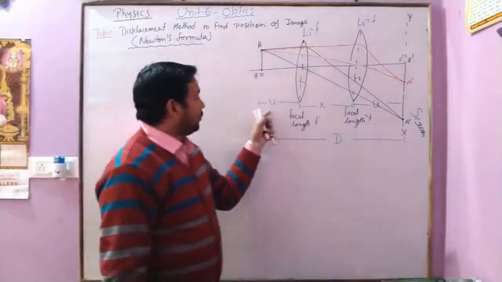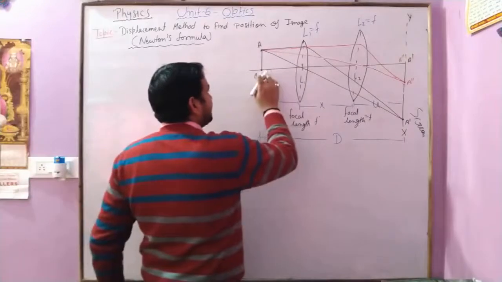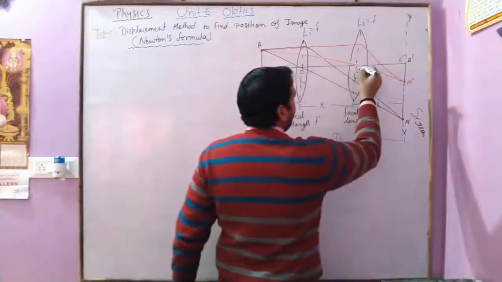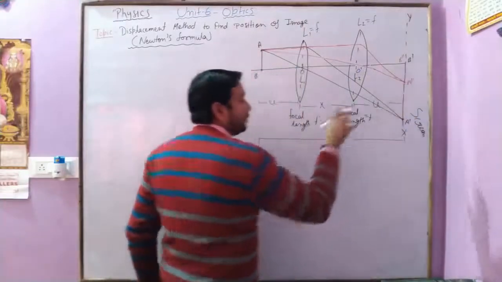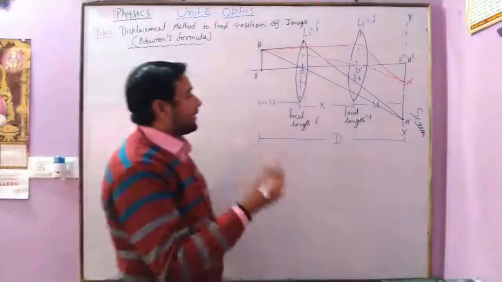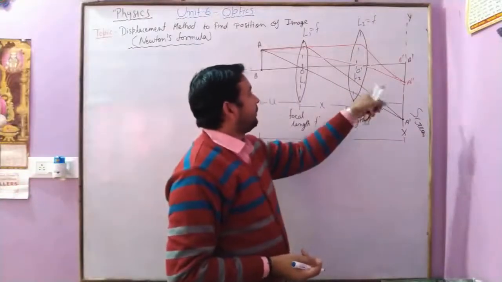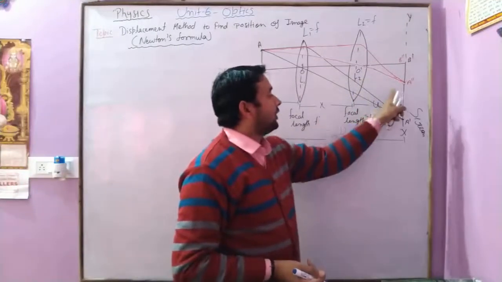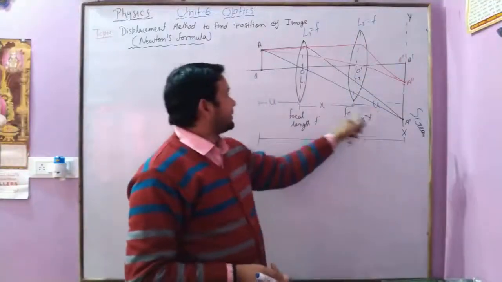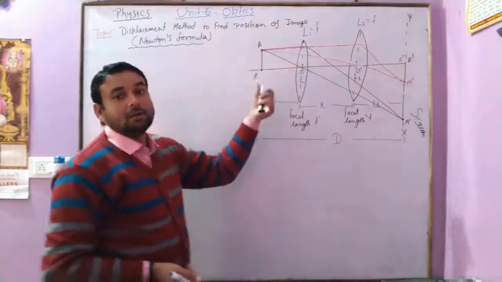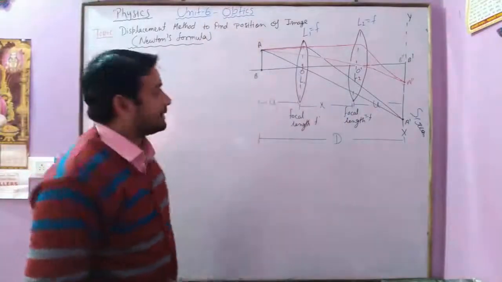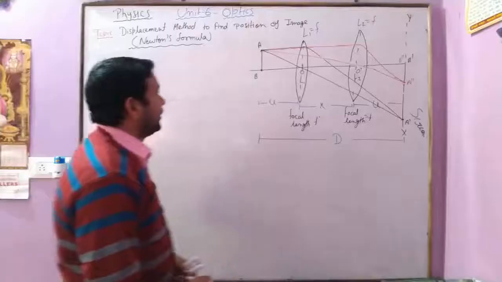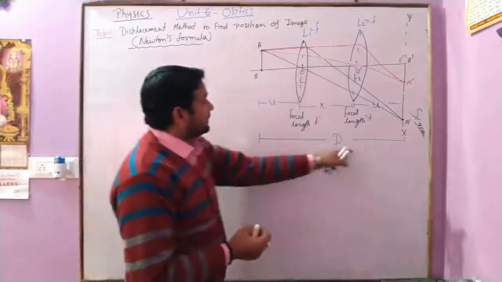So the two distances, B to O is u and O dash to B dash is also u, or we say the image distance from the second position is equal to the object distance of the first lens. So this is the first case.